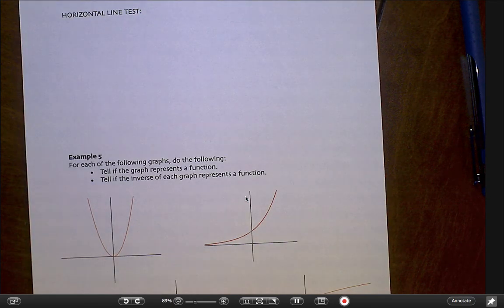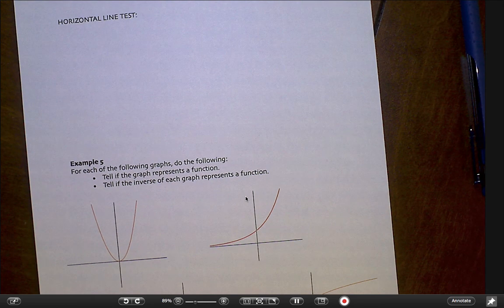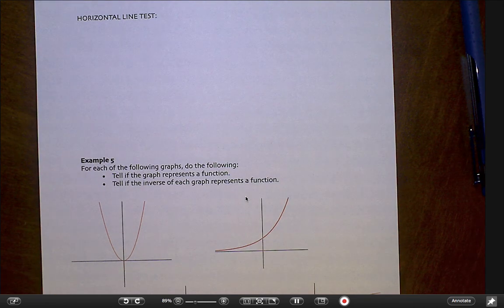Okay, one more quick thing. The horizontal line test, and I never like teaching this, to be entirely honest, because I worry that we'll get it confused with the vertical line test, okay?